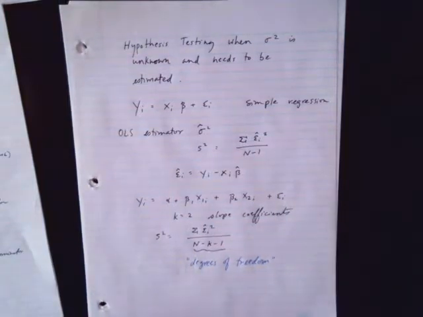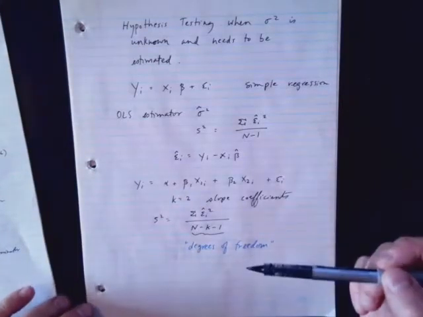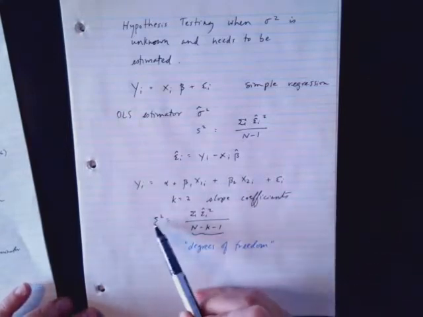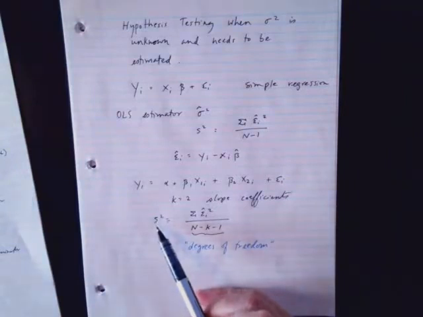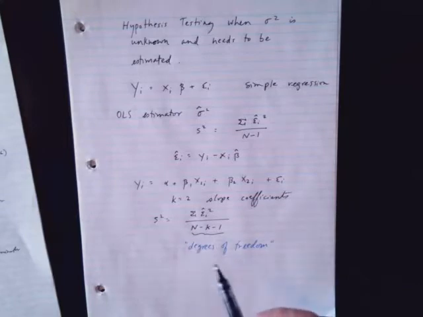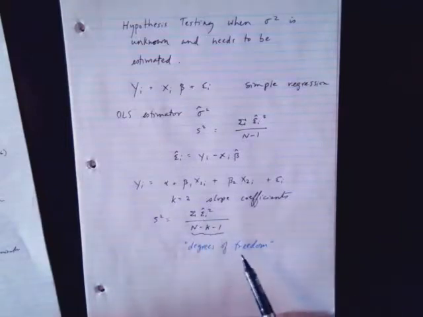Degrees of freedom. That's a funny kind of term. It sort of sounds like you're in prison or something, and this is how big the yard is that you get to walk in. It's not quite like that. What it means is you've got a sample of size n. So you have n pieces of information, and you want to estimate this coefficient s squared. And in principle, s squared could take on any one of n values because you've got n pieces of information, but you had to use up some of those pieces of information in order to get your residuals.